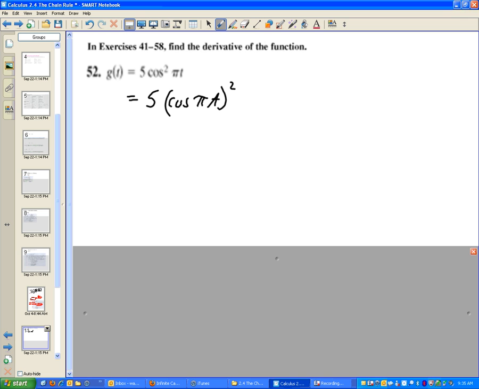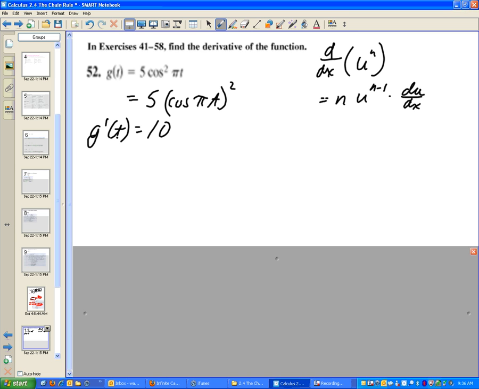We know it's that, so we're going to use the general power rule. The general power rule says that the derivative of u to the n, where u is a function of x, equals n times u to the n minus 1 times the derivative of u. So g prime of t is going to equal 2 times 5, the exponent times the coefficient, times u, cosine of pi t to the n minus 1, 2 minus 1 is 1, times the derivative of u.